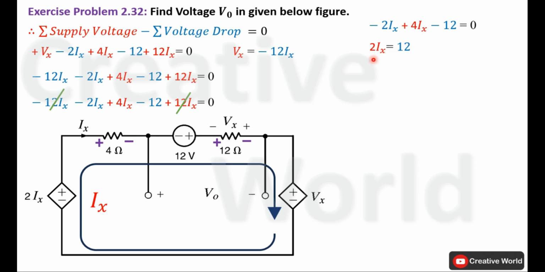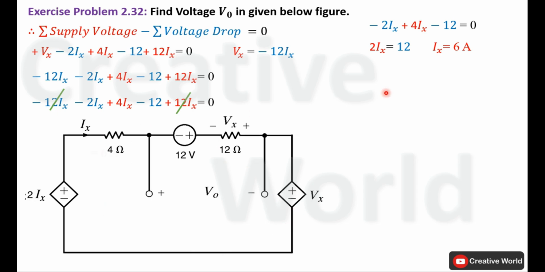Divide on both sides by 2, the value of Ix will be 6 ampere. Now we have calculated the value of Ix that is flowing inside this closed loop, and the value of Ix is 6 ampere.